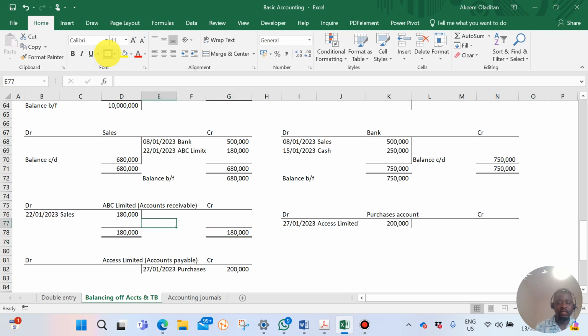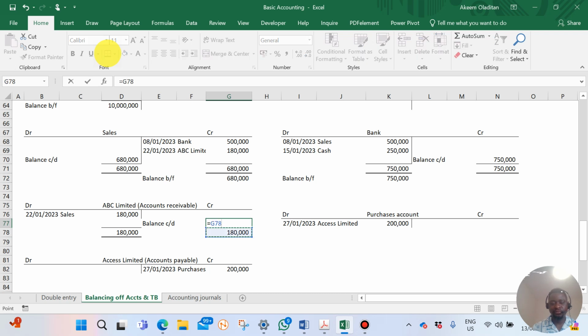So our balance carried down will be here. CD, the same value. Balance brought forward, BF. Yeah, the same thing.